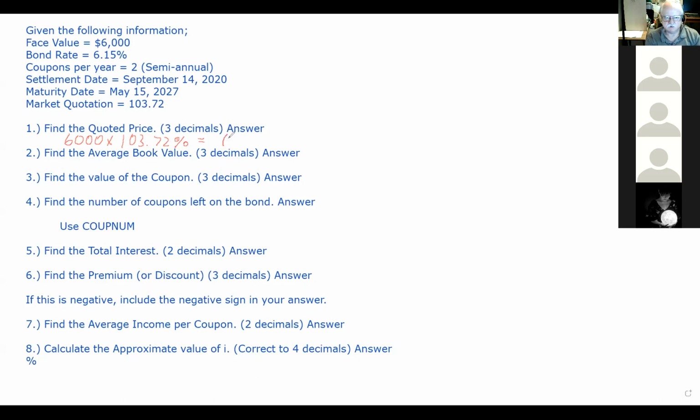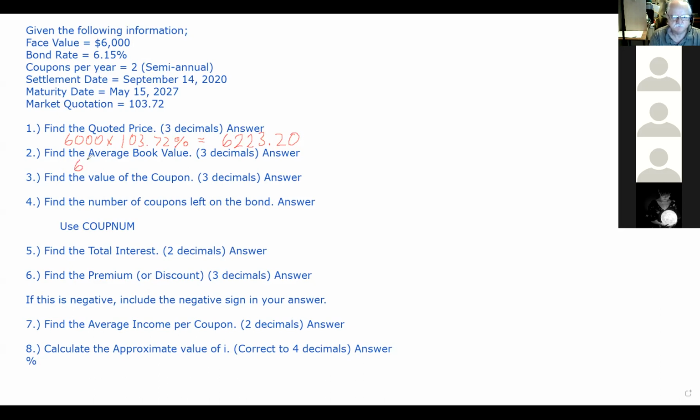So I'm getting 6,223.2. Which is what Moodle wants us to get there. So find the average book value, we have to take the quoted price, which we've just calculated, plus the face value and divide by 2.